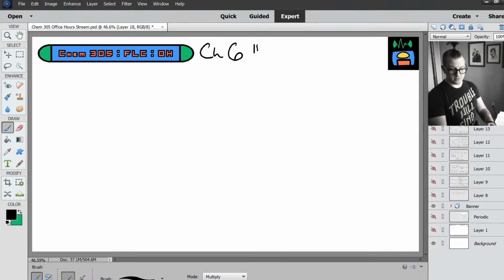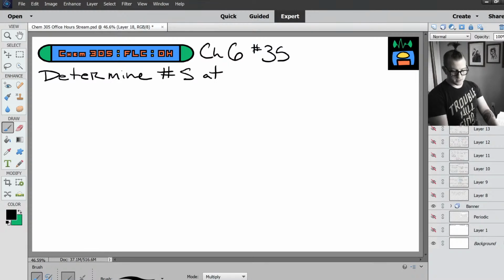This one is number 35. They're asking us to determine the number of sulfur atoms in part A.